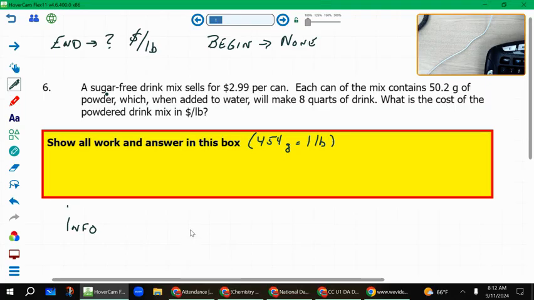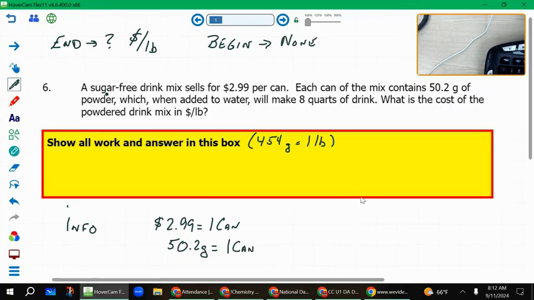Okay, so $2.99 is equal to 1 can. That's a piece of information that we can use. Give me something else that it gives you. 50.2 grams is equal to 1 can.